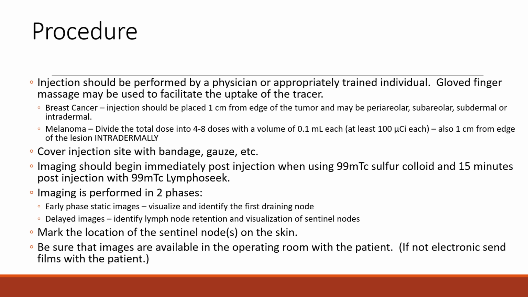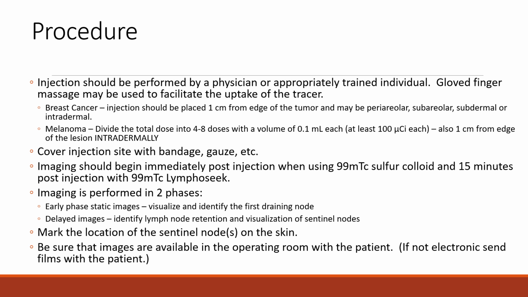So if you have a large breast and the tumor is on the side, like by your armpit, they will still inject in the nipple. That does not make any sense to me. But they should inject around the edge of the tumor, and then some doctors will also inject around and into the nipple. And for melanoma, it goes just under the skin.